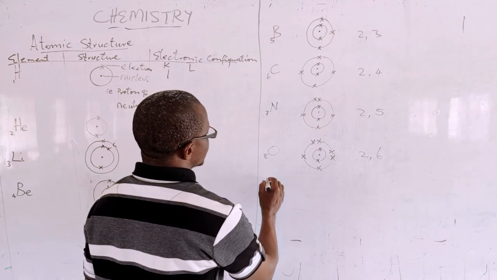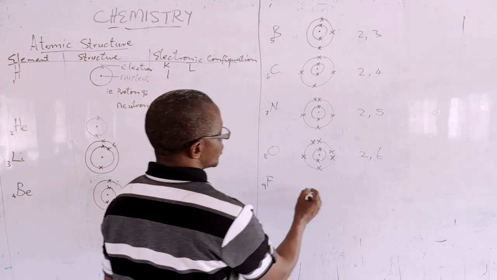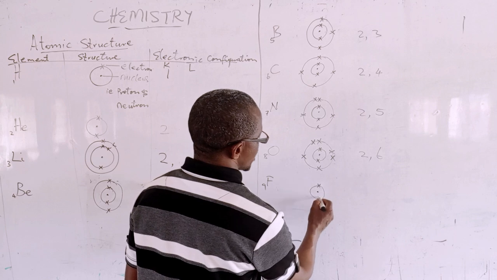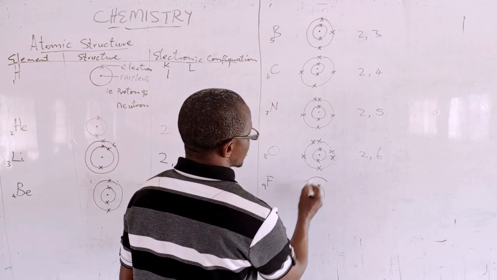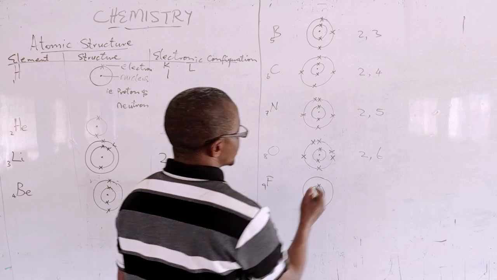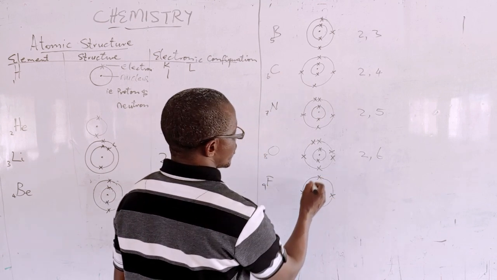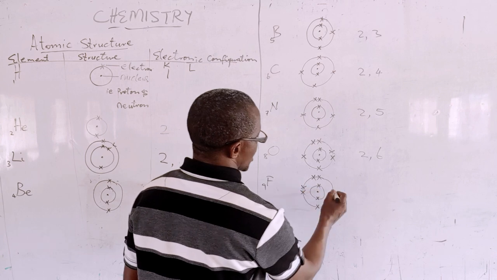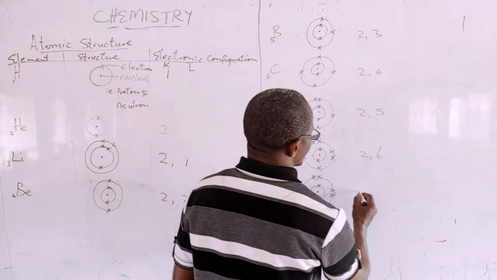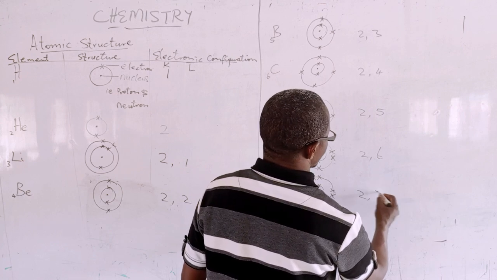Fluorine is the next. F with atomic number 9. First shell with 2 electrons. Second shell with 7. 1, 2, 3, 4, 5, 6, and 7. Then you now put your 2 and 7.